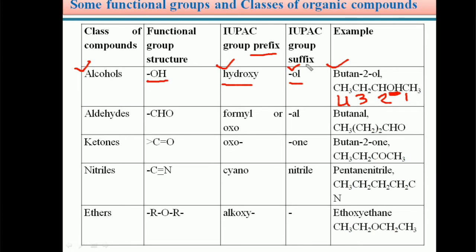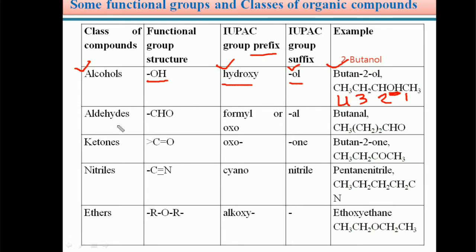That's why its suffix should be OL. So its name is butan-2-ol, or you can write its name as 2-butanol also. This is also right, students. Both are correct in the IUPAC manner.